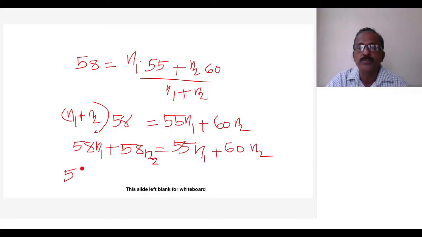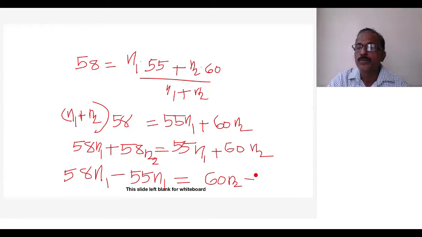On simplification, that is 58 n1 minus 55 n1 is equal to 60 n2 minus 58 n2.